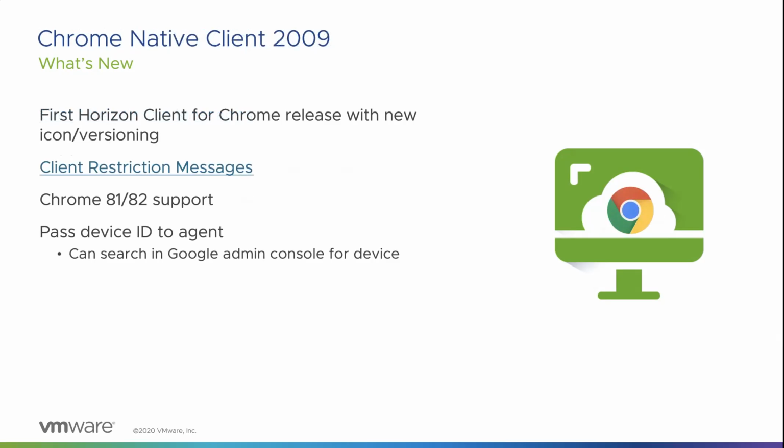The native client was the first Chrome client that had the new icons and new versioning for Horizon 8, with support for Chrome 81, 82, and passing the device ID to the agent. This is important if someone's using the Google admin console to search for a device.